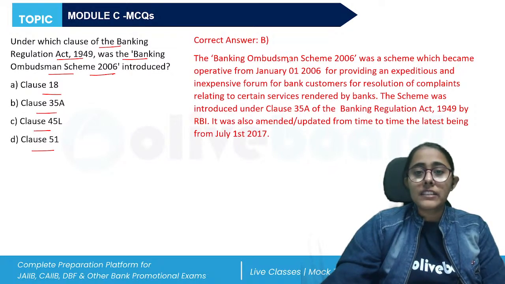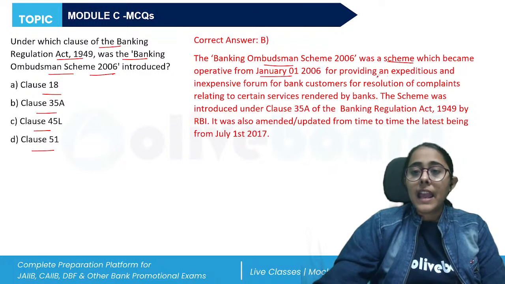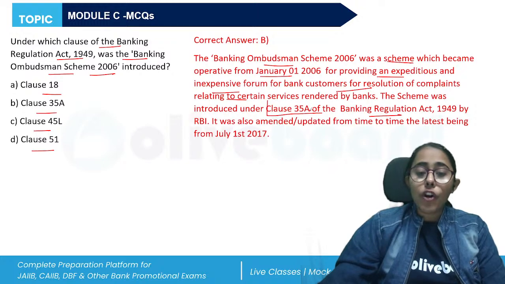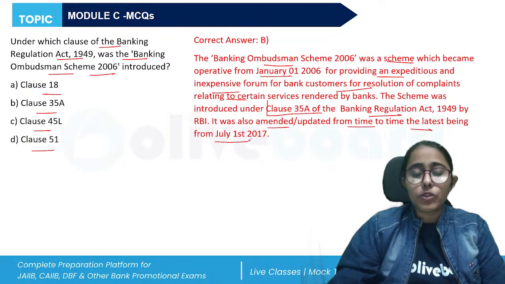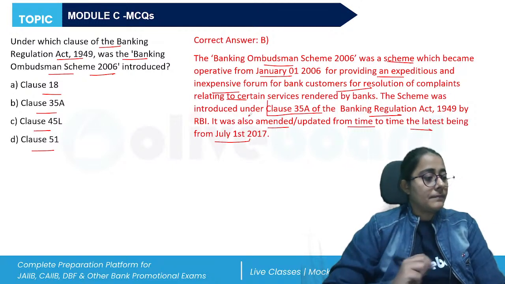The Banking Ombudsman Scheme was a scheme which became operative from January 1, 2006 for providing an expeditious and extensive forum for bank customers for resolution of complaints. This was introduced under clause 35A of the Banking Regulation Act. It was also amended or updated from time to time, and the latest amendment being from July 1st, 2017.